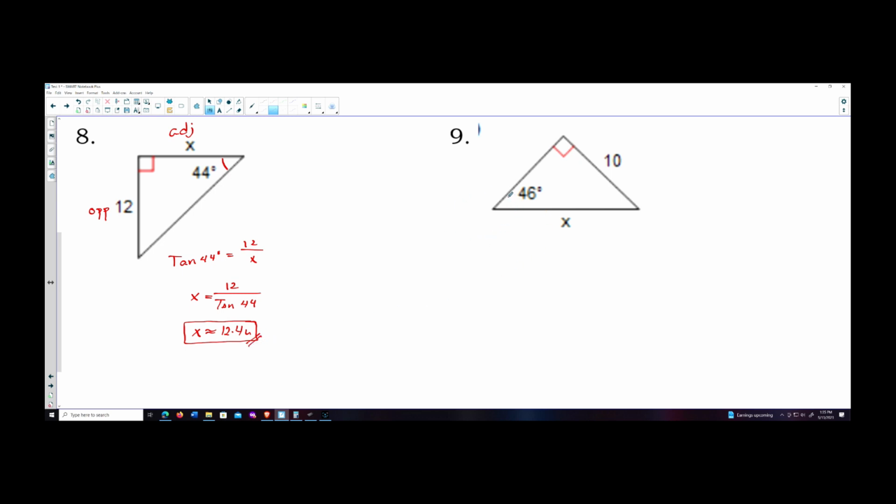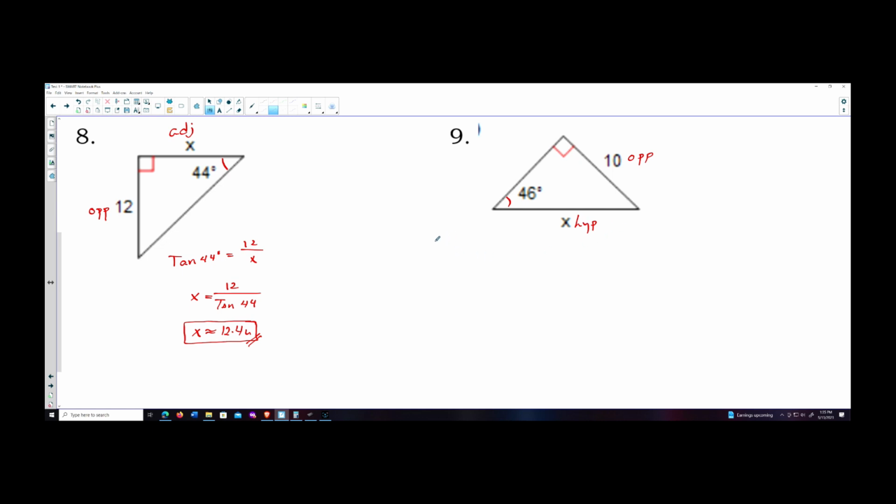I look for my angle, identify my parts. So here is my hypotenuse, across from the 90-degree angle, and opposite to the angle I have is 10. That's opposite. Opposite and hypotenuse, that would be the sine ratio.